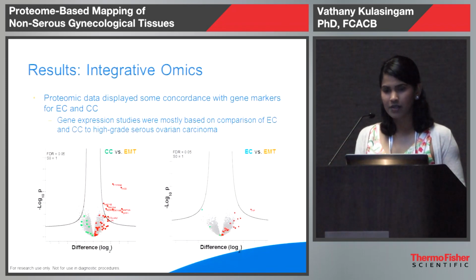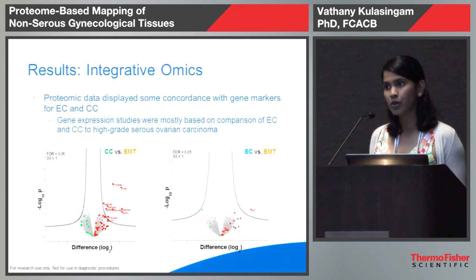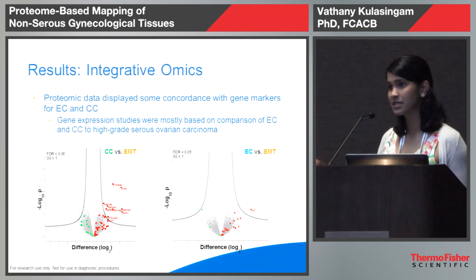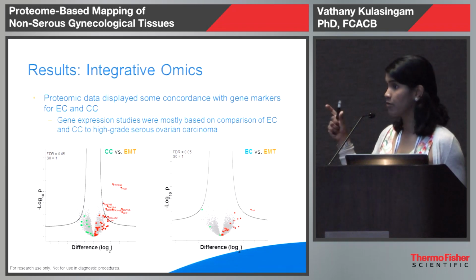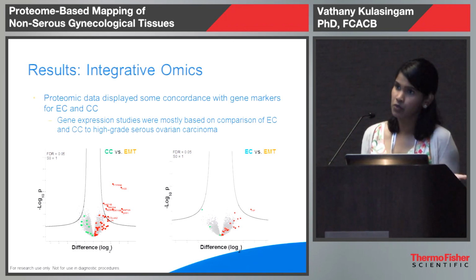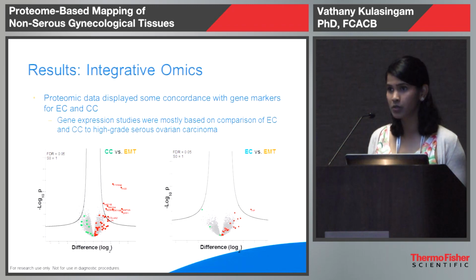And then, of course, because we talk about integrated proteomics, and while I don't have the genomic information for the same samples that I used for my proteomic data, we went back to the literature to see, are there any so-called endometrioid-specific gene signatures or clear cell carcinoma-specific gene signatures, and there were some in the literature.